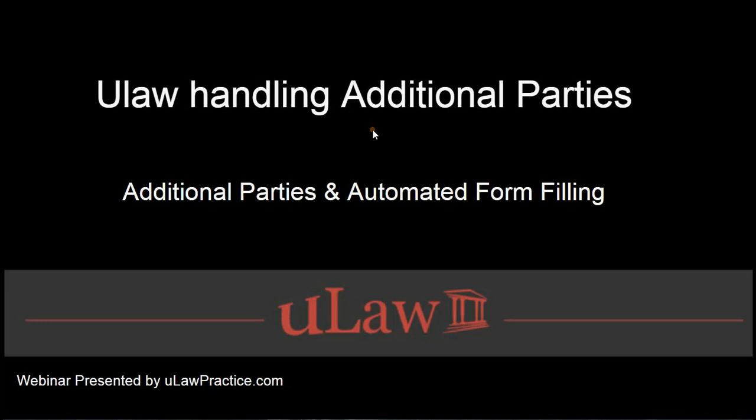So the additional parties, to really summarize this, plays three important roles. One is to have your client-facing documents appropriately filled out, like the joint retainer and engagement letters, where you can have both names of parties involved. You can even use the additional parties to associate other client-facing documents, such as invoices.